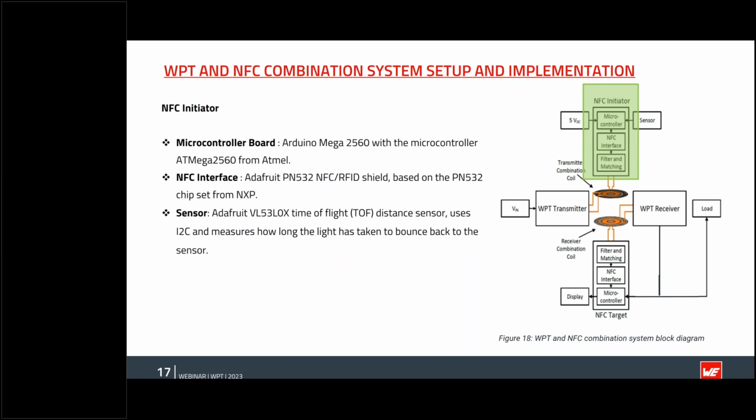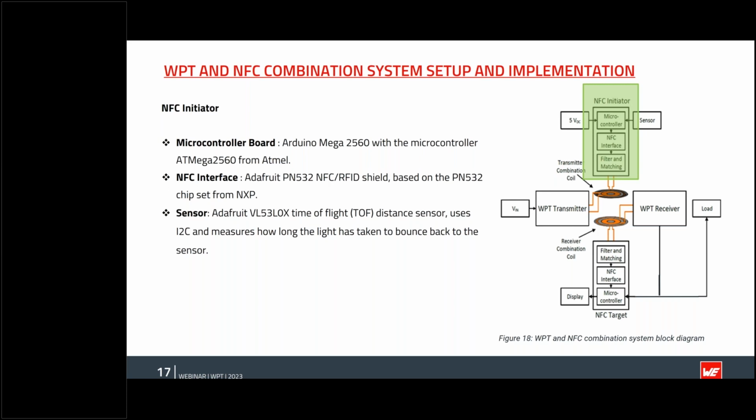So then the NFC initiator block. We begin with the NFC initiator, or the transmitter side of the NFC part. Here we have just used a normal microcontroller, the Arduino Mega microcontroller from Atmel. The NFC interface is the Adafruit PN532 NFC RFID shield, which is based on the chipset from NXP.